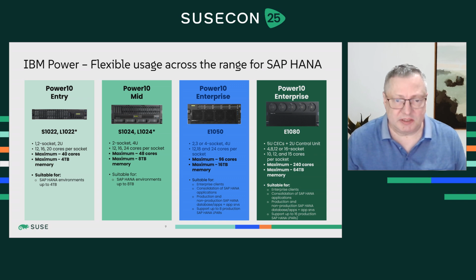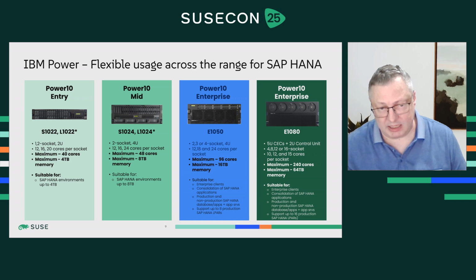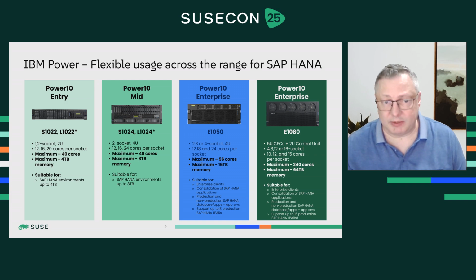Now, some of these systems have an L in the model number, like the L1022 and L1024. These are especially optimized price-wise to run Linux, because we enforce that if you're running an L system, at least 3/4 of the machine need to be allocated to Linux partitions.